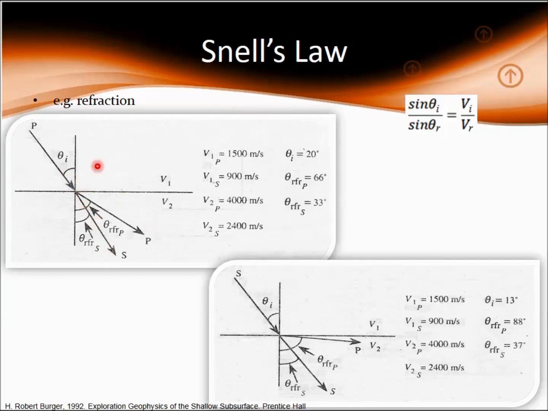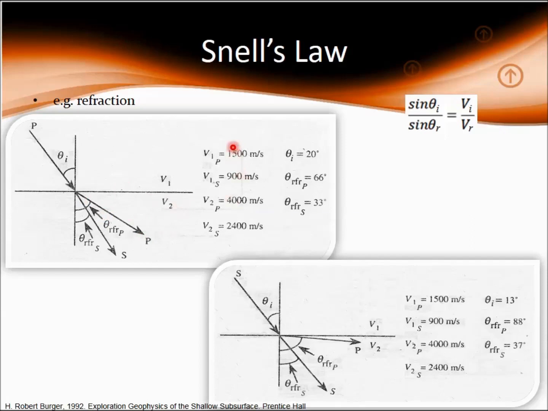So for example here, in the first figure, the P wave ray strikes the interface at 20 degrees and is refracted into the V2 medium, producing two angles of refraction ray paths, which are the P wave refracted angle and the S wave refracted angle. This time neither of them is similar to the incidence ray path, because they are passing through a different medium, which is the V2 medium.